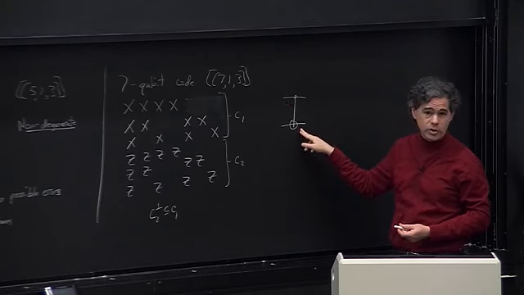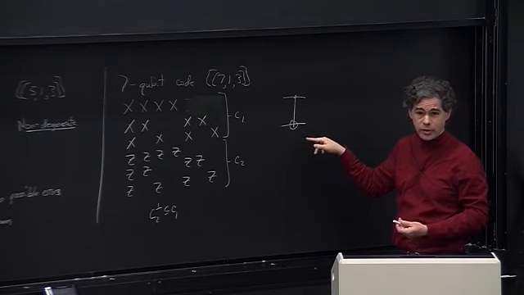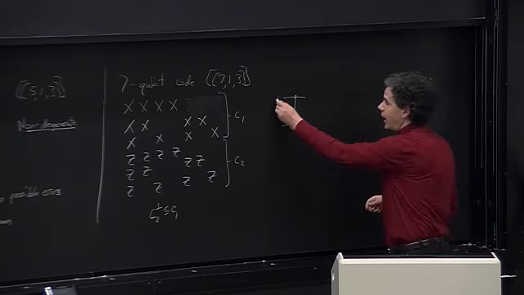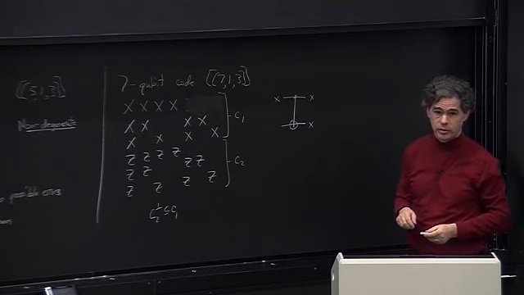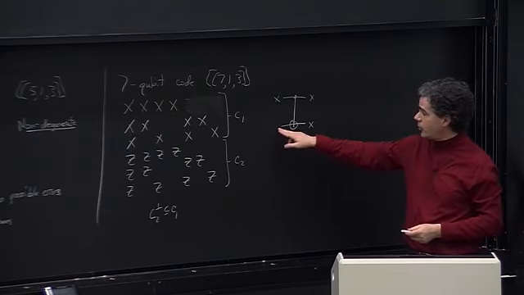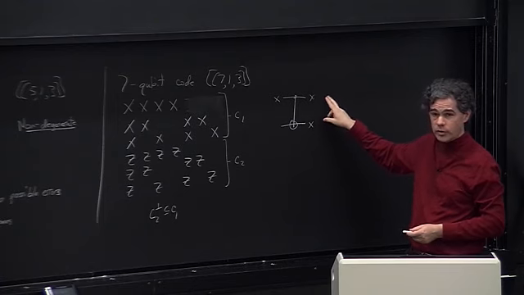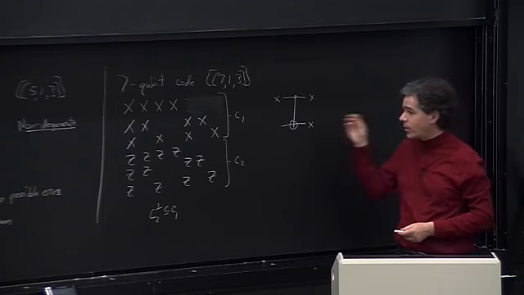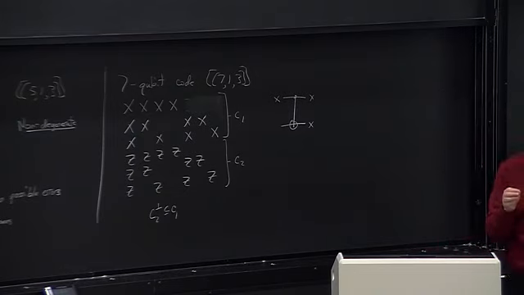And so this qubit down here is going to get flipped when it's not supposed to, and it's not going to get flipped when it is supposed to. So if we had an x up here, now we have x's on both qubits. And similarly, if you have a z error down here, you can work out that it propagates backwards, and we'll get z errors on both qubits. So that's what we have to worry about. Well, that's one of the main things we have to worry about. We have to worry about error propagation.